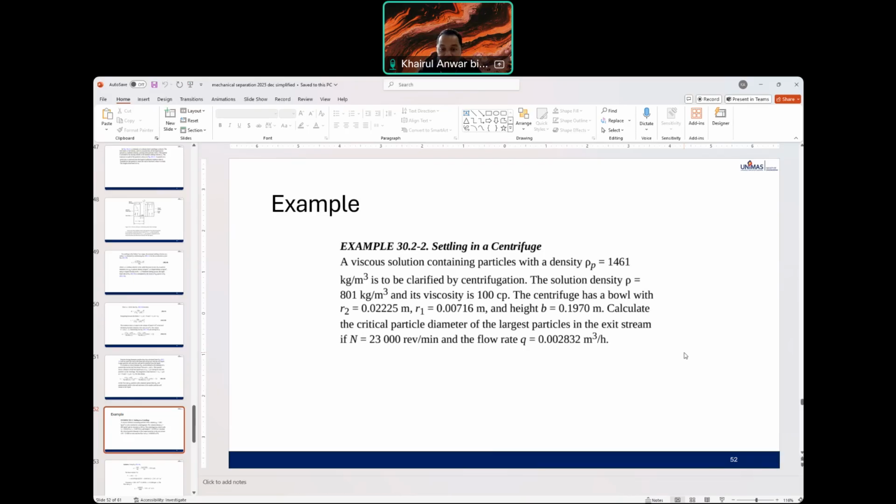The centrifuge has a bowl with R2 equal to 0.02225 meter, R1 equal to 0.00716 meter, and the height b equal to 0.1970 meter. Calculate the critical particle diameter of the largest particle in the exit stream if n equal to 3000 rev per minute and the flow rate Q equal to 0.002832 meter cube per hour.